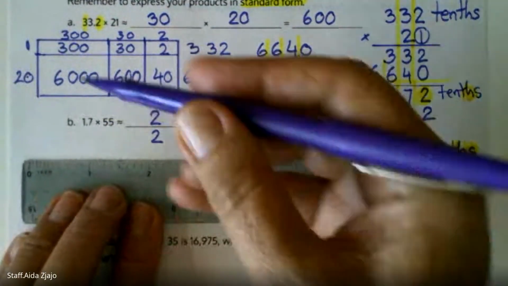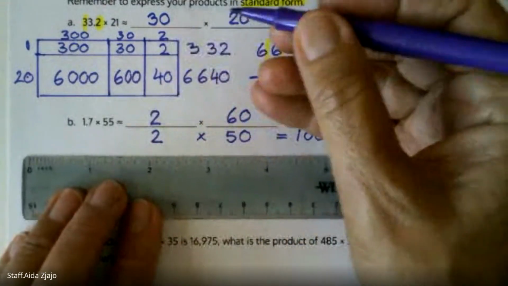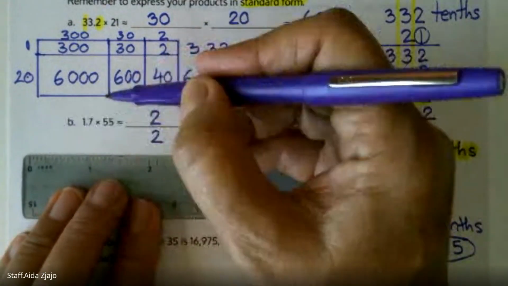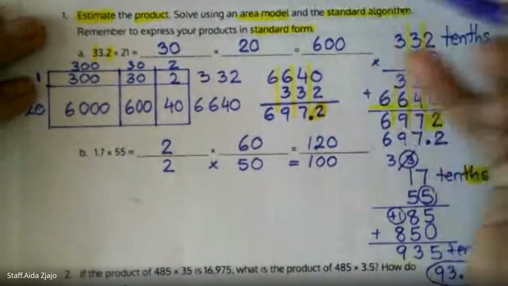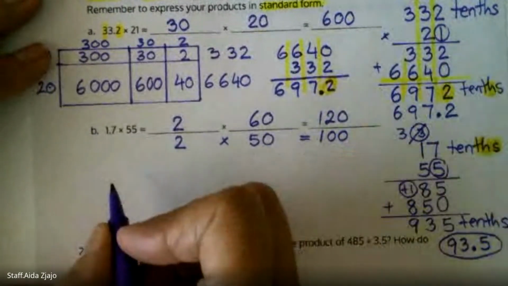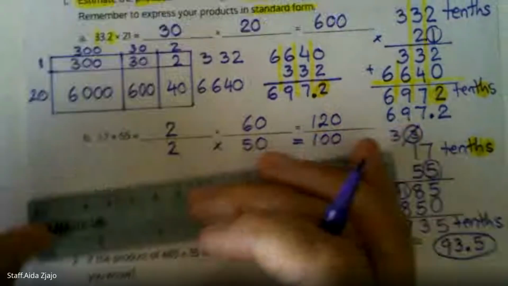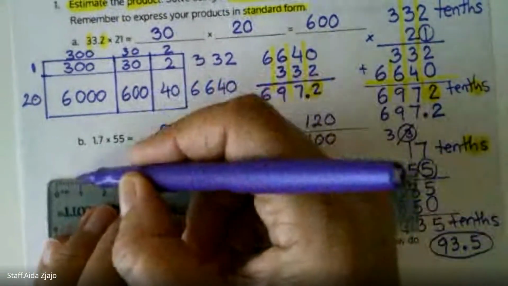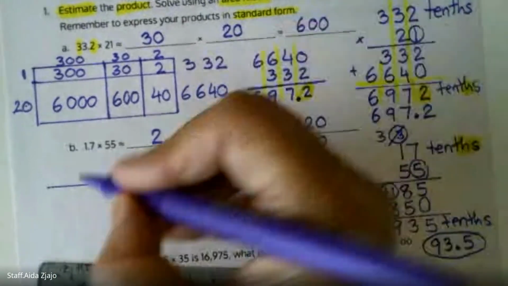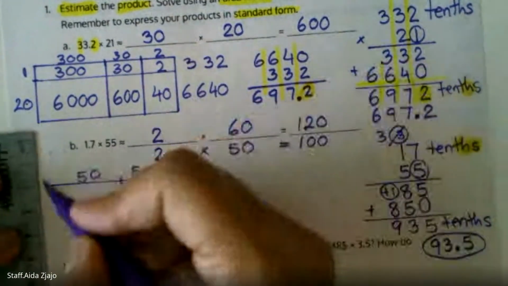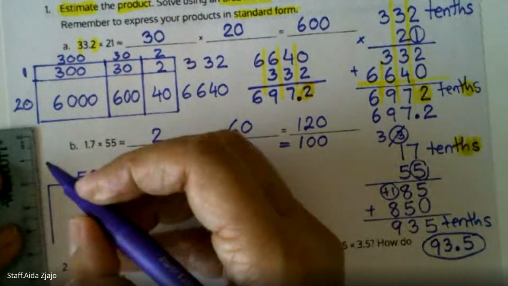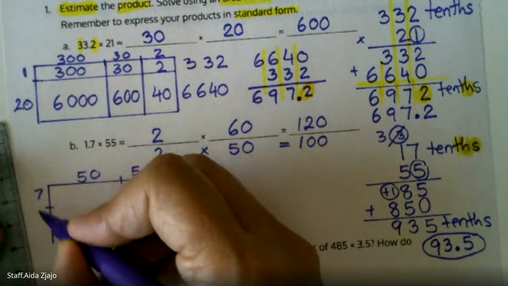If I go into a different strategy, I know they say area model, but it could be done... okay, I'll do area model. All right, so it's going to be 15.5, and we'll have 7 and 10.